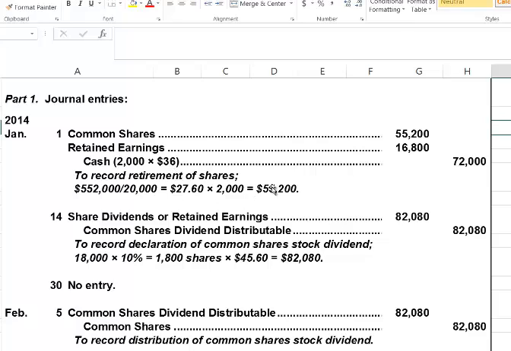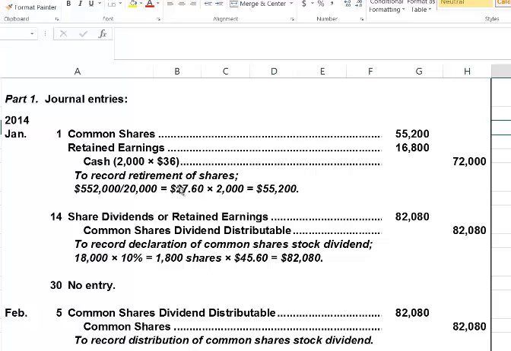So what that means is that while we debit the common share account for $55,200, which is the average issue price times the number of shares we're retiring, we know that because it cost us more at $36 to buy them back than what investors gave us at $27.60, we have a loss of some kind. But we don't call it a loss because loss is related to income. It has to be an equity account.